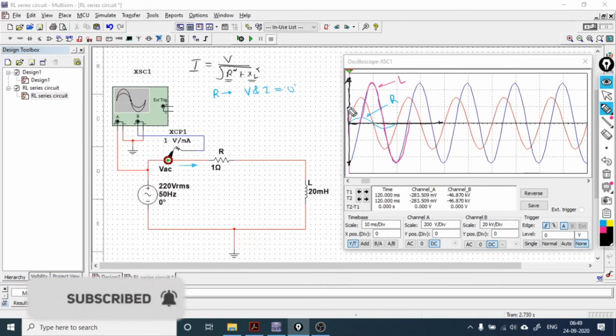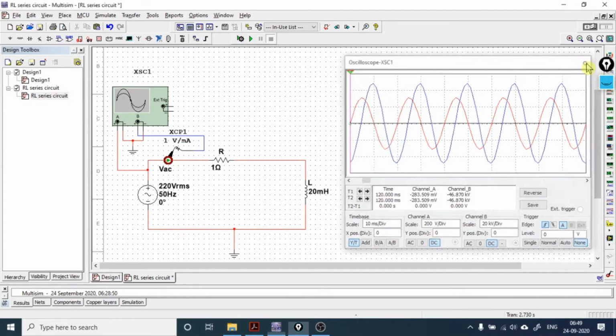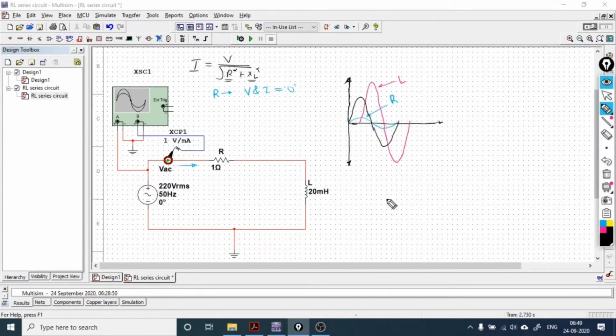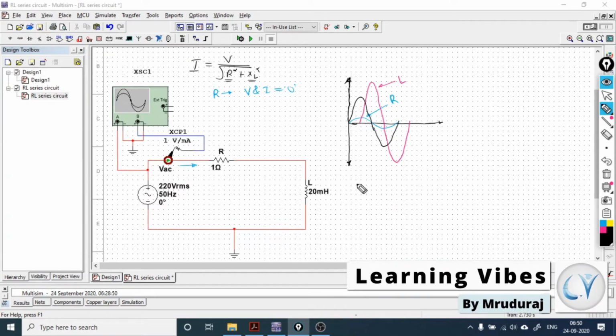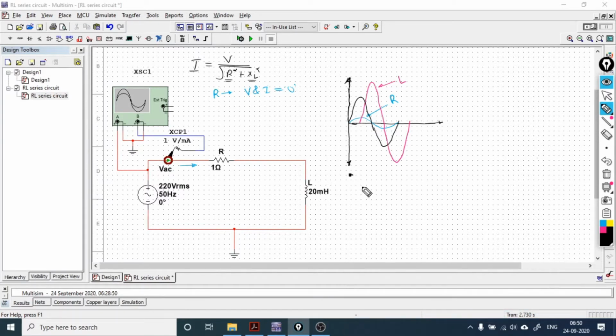And to understand it better, let me draw the waveform of voltage also. So now let's just observe. When the circuit is purely resistive, right? At that time current was in phase with voltage. But as we have turned this circuit into inductive circuit, current starts lagging behind by 90 degree.